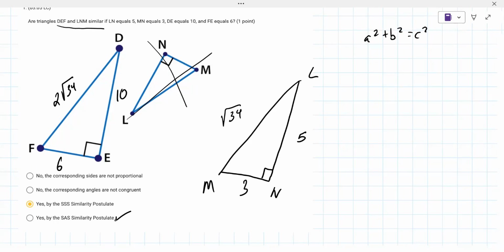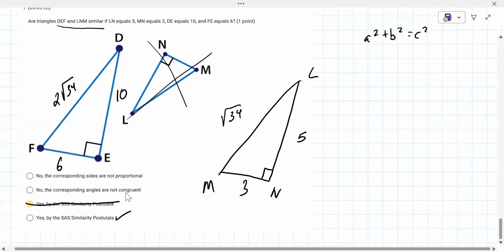That's not what it's asking you to do. While you could use SSS if the third side was given, since it's not given, you've got to limit yourself to what is given, which is side, angle, side.